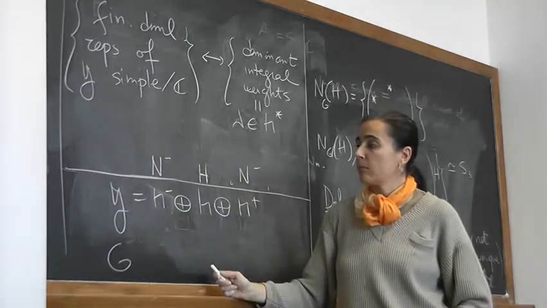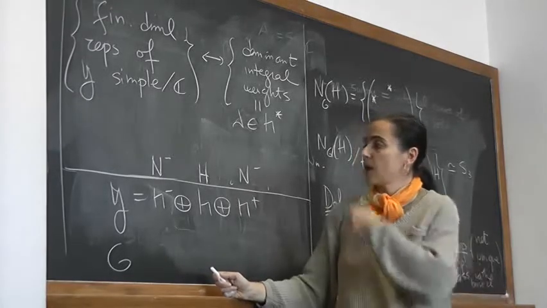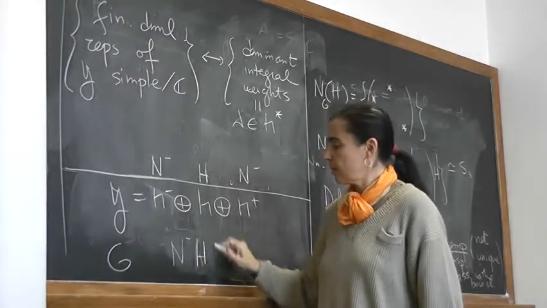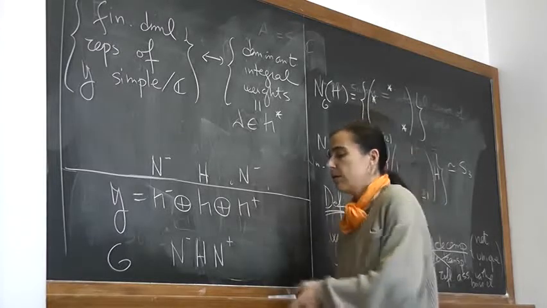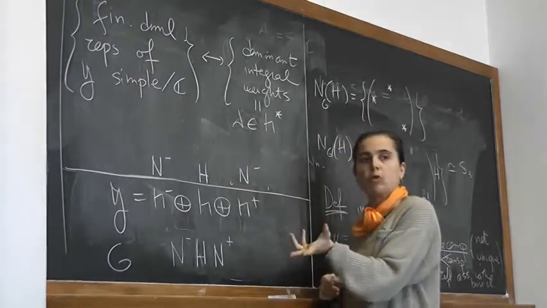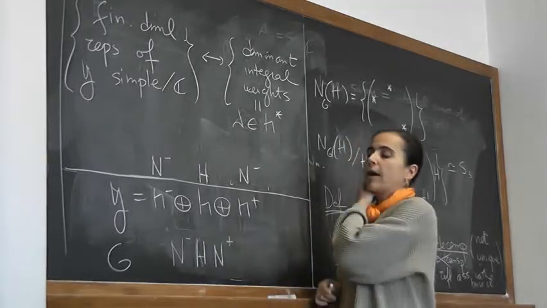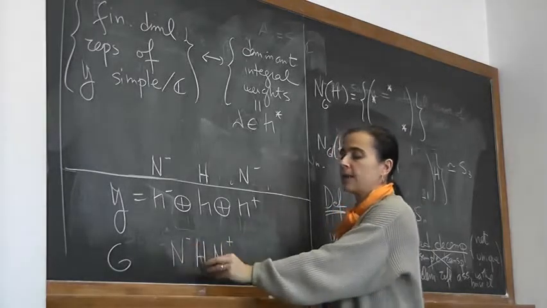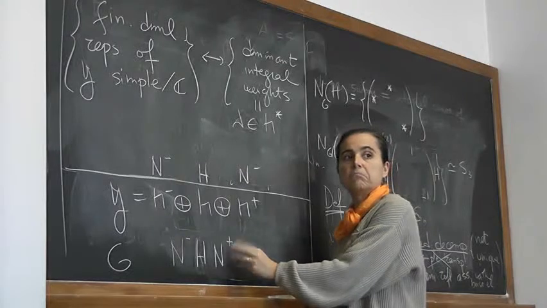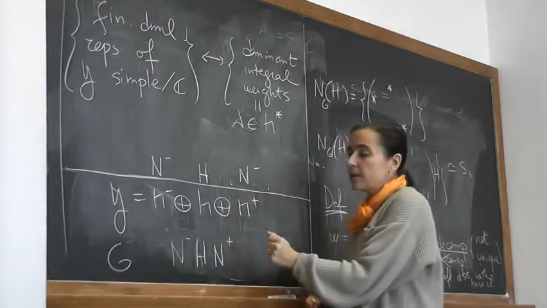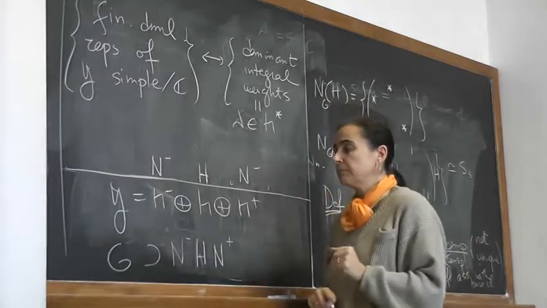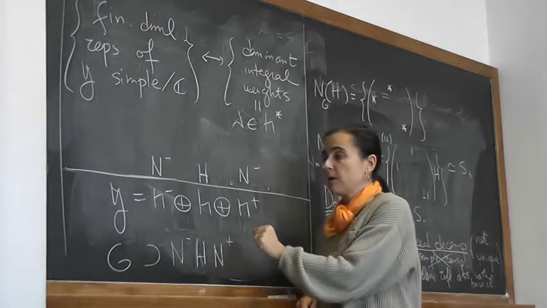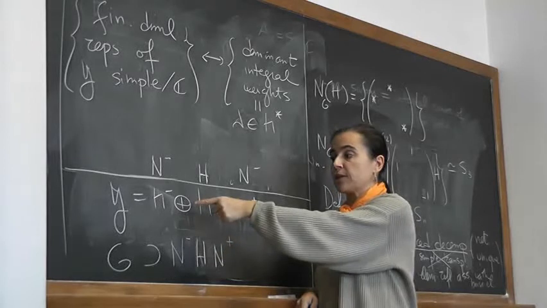Now, if you take the product of these three groups, it is not a group. I'm saying that you just take products of one element in here, an element here, and an element in here. This is inside G, except that this object is very large inside G, because if you compute, it will have the same tangent space as this.